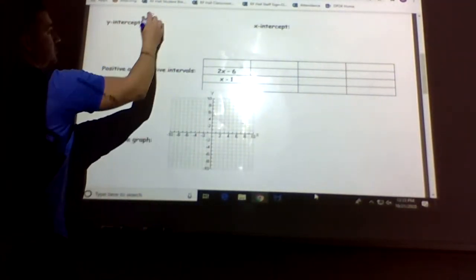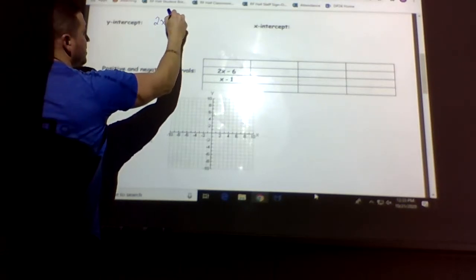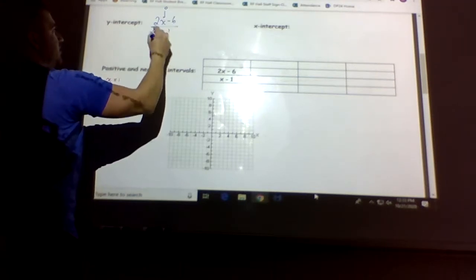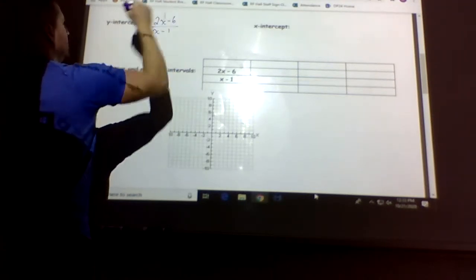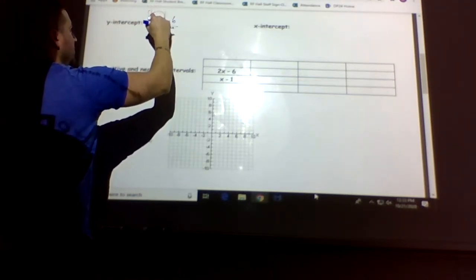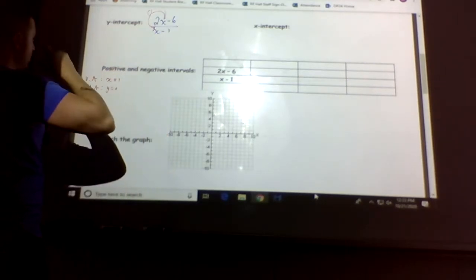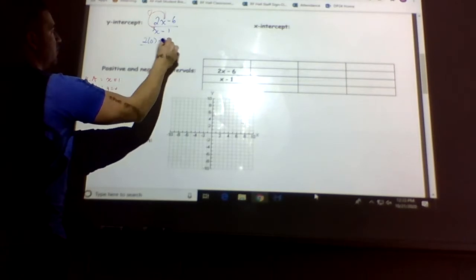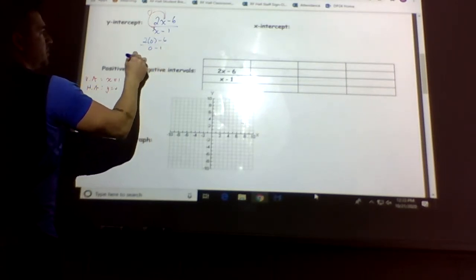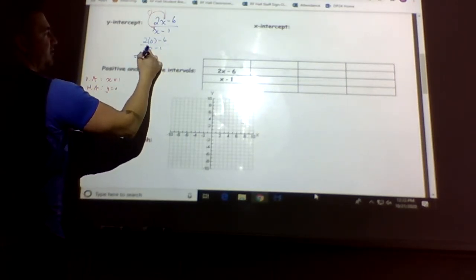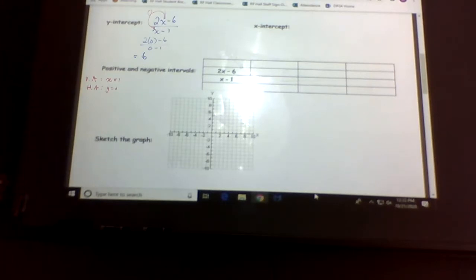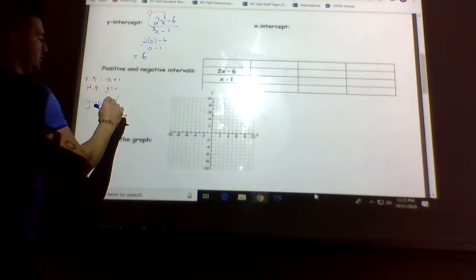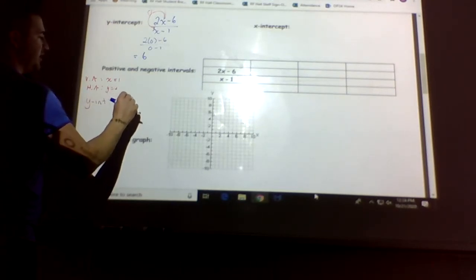So we have 2x minus 6 over x minus 1, and we plug 0 into the x's. So we get 2 times 0 minus 6 over 0 minus 1, which gives us negative 6 divided by negative 1, which is positive 6. So our y-intercept is at (0, 6).